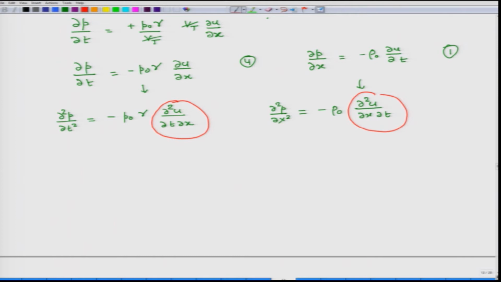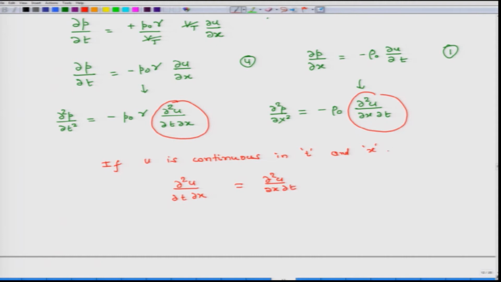These are cross derivatives, and if u is continuous in time and x and is differentiable, then these cross derivatives are the same.